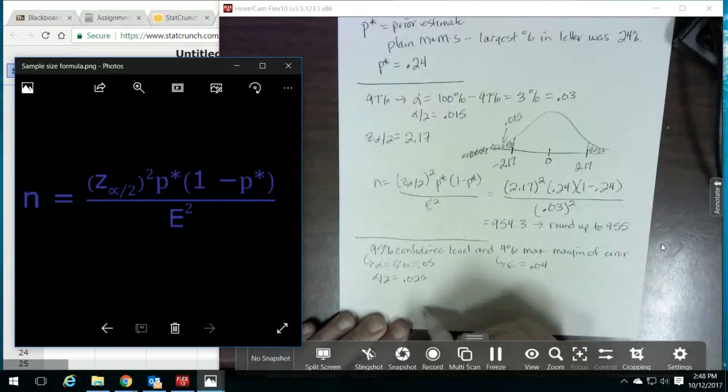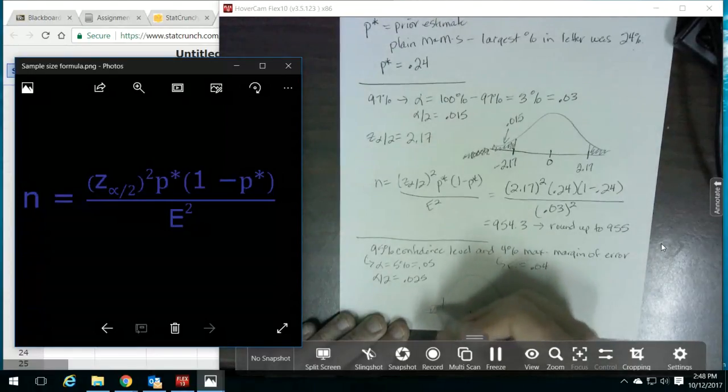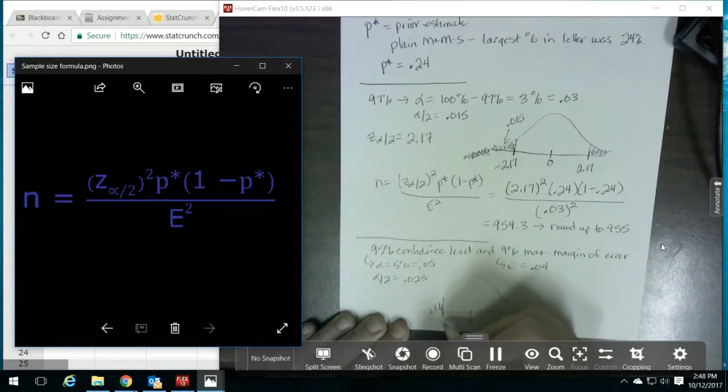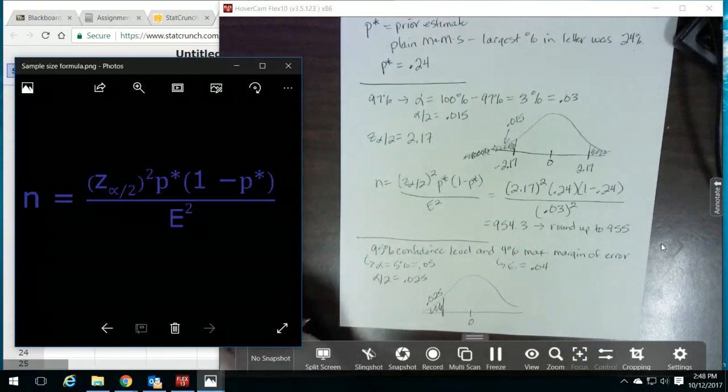Then again, what I'm doing with this is I have my normal distribution. I want to know the cutoff value right here so that my area in the left tail is 0.025. So I'm going to go back to the inverse norm and put in 0.025 instead of the number I had in there before.